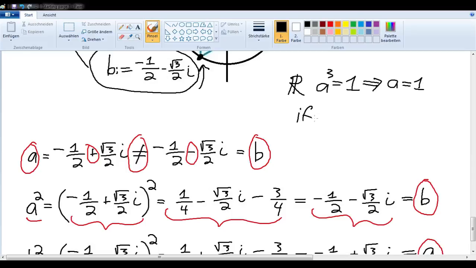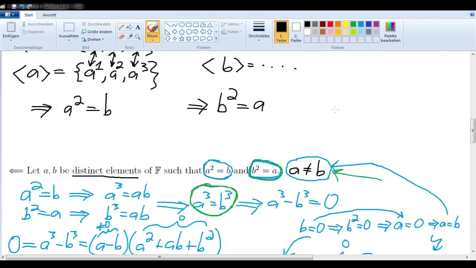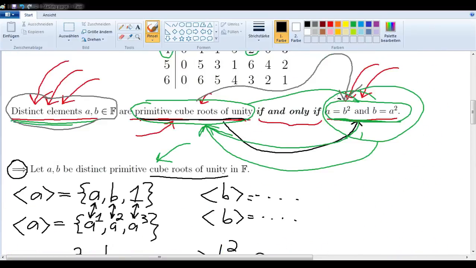Because of the if and only if nature of this theorem, we know that if there are no primitive cube roots of unity in R, then there must also be no elements a and b such that a is equal to b squared and b is equal to a squared.